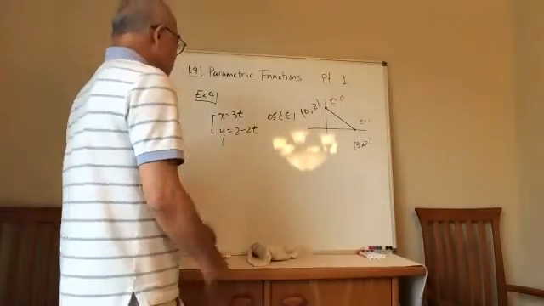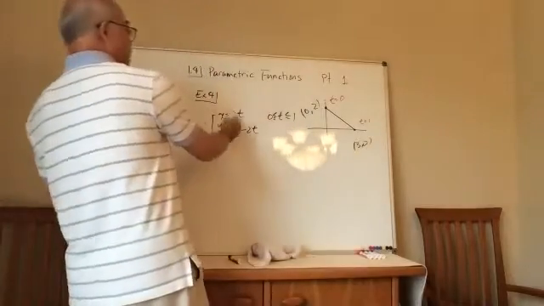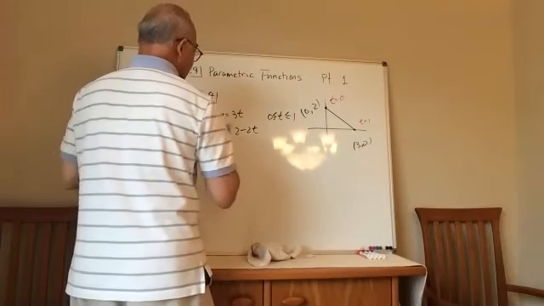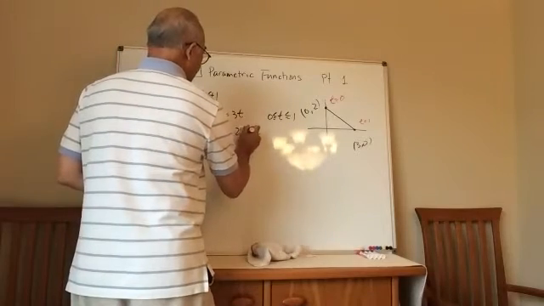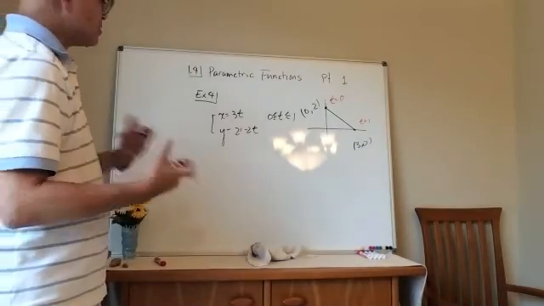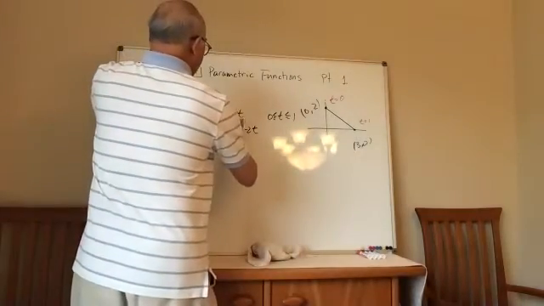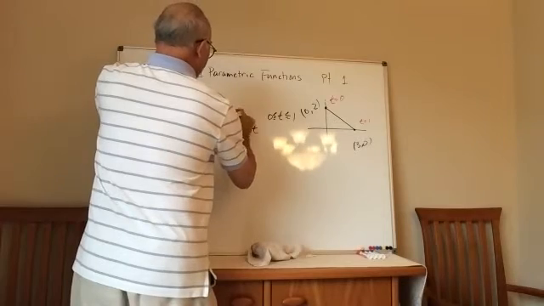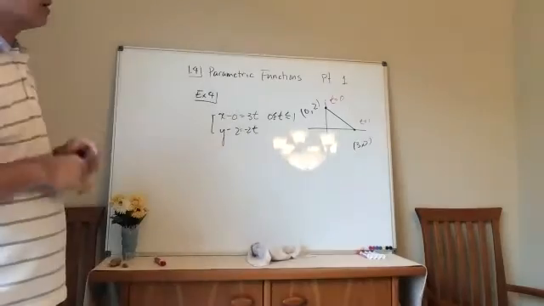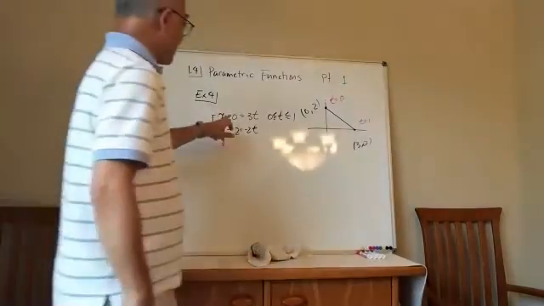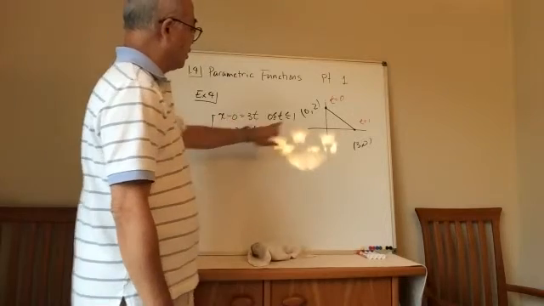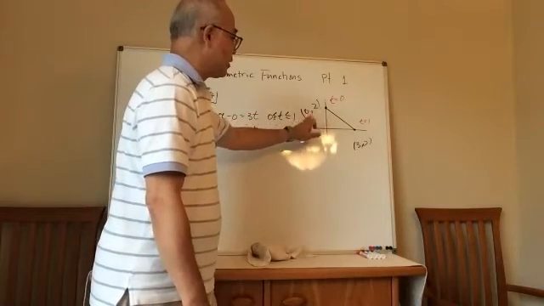If you were to rewrite this, if I move this 2 over to the other side, this becomes a minus, and I have it like that. Now this makes it a little clearer. I can see that I start where x equal to 0, y is equal to 2, the point 0, 2, where I started from.